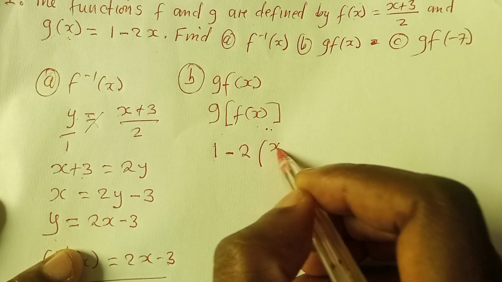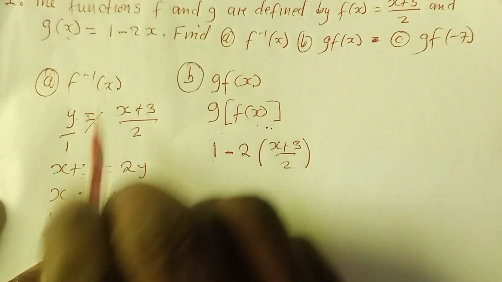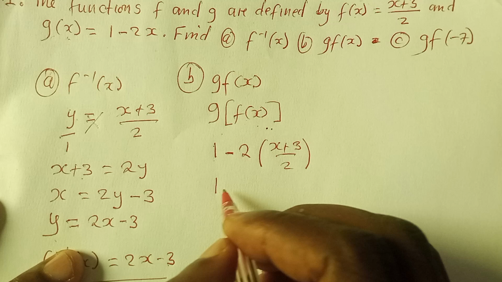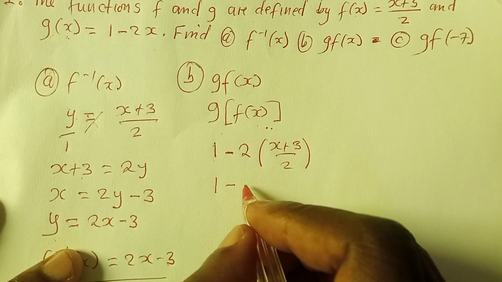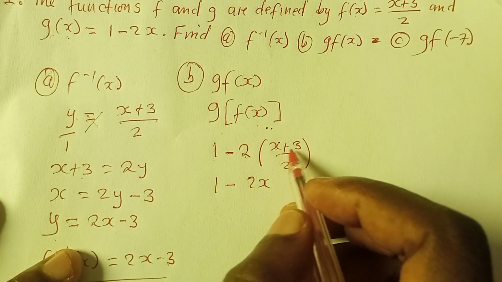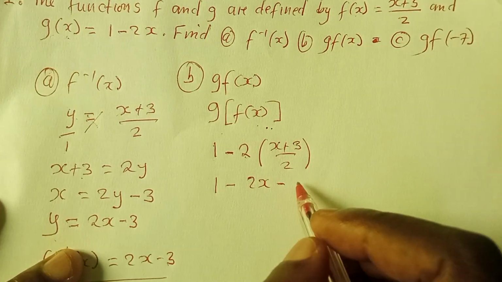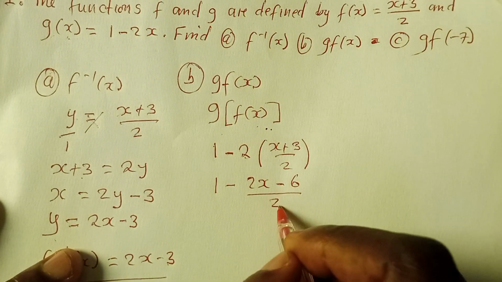So f of x is (x + 3) over 2. Then from there we say 1 minus 2 times everything outside there. 2 times x is 2x, then negative 2 times the negative 3 is minus 6, then over 2.